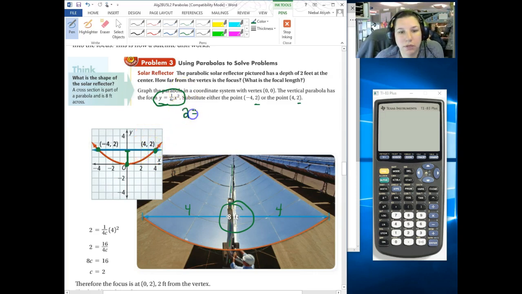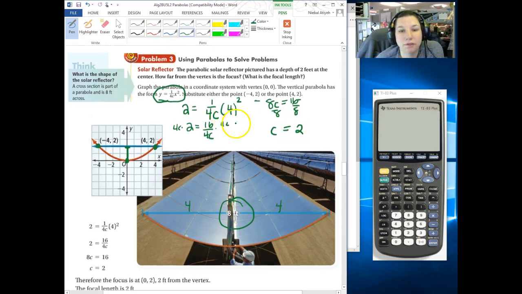So 2 equals 1 over 4c times 4 squared. 4 squared is 16. Then we will multiply both sides by 4c. So you get 8c equals 16, divided by 8, we get c equals 2.